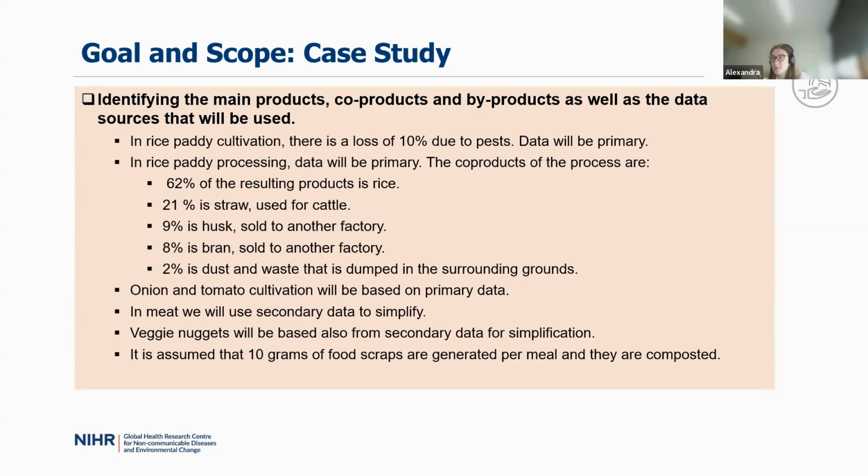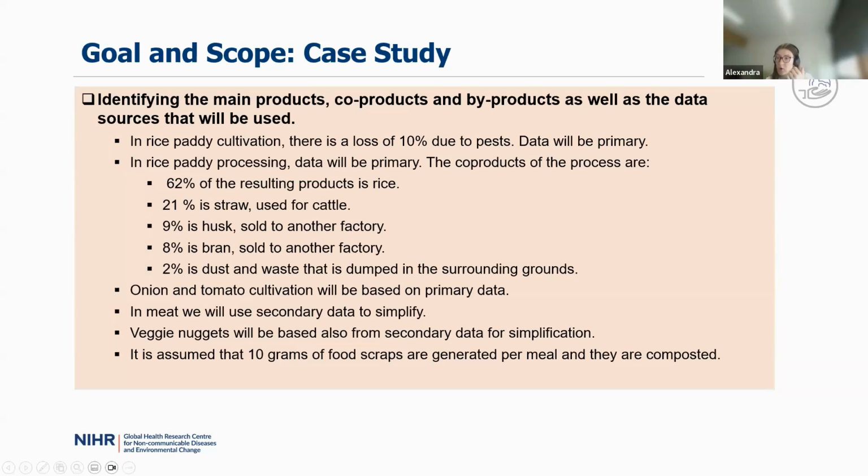In the case of rice, it is quite interesting because when you send the rice to the mill, you send in paddy rice, but you need to treat it in order to remove the husk, the straw, the bran, etc. That means you end up with this percentage on the screen, approximately. This might change by type of rice or treatment. The resulting product is only 62% of the initial weight; the rest is co-products or byproducts.